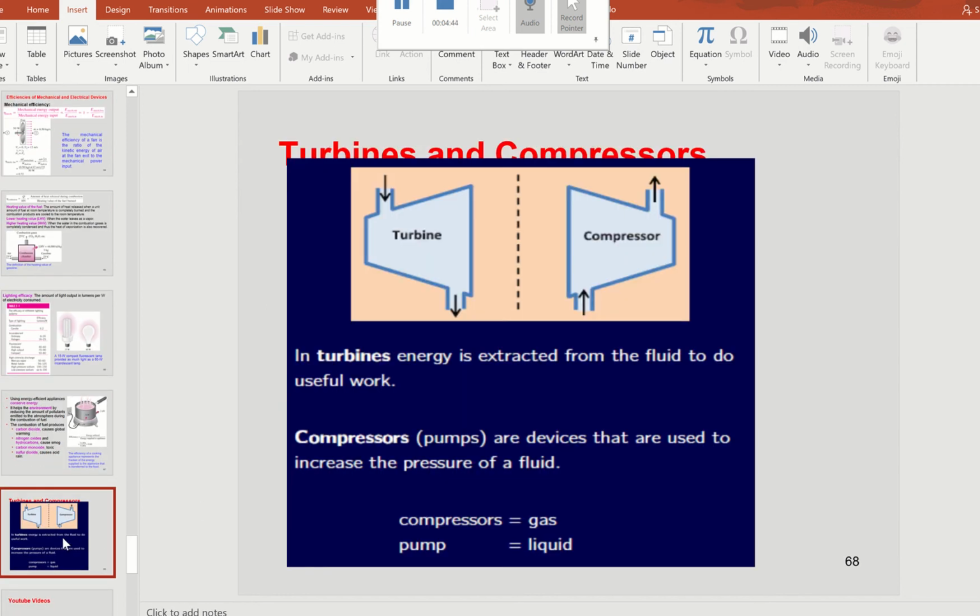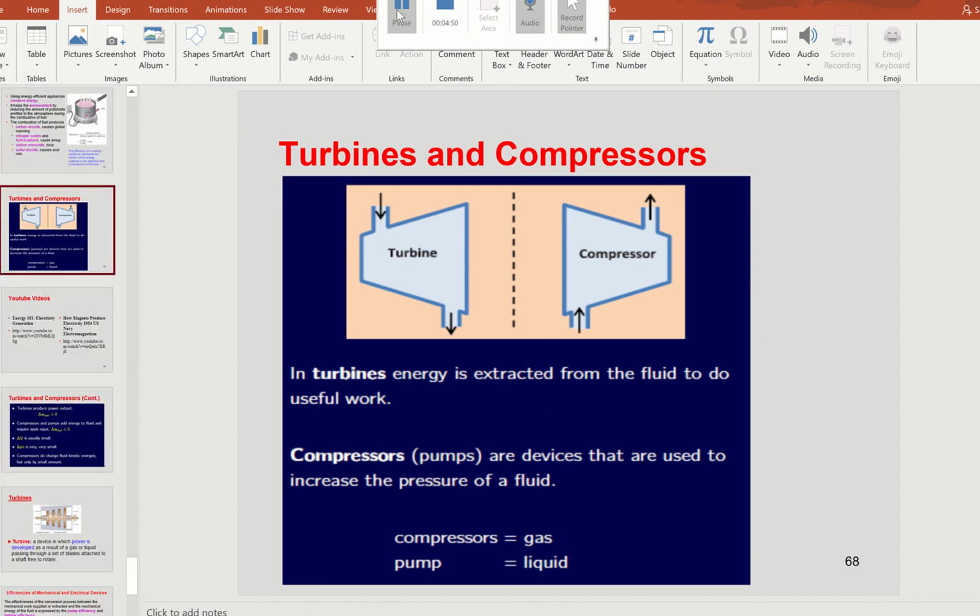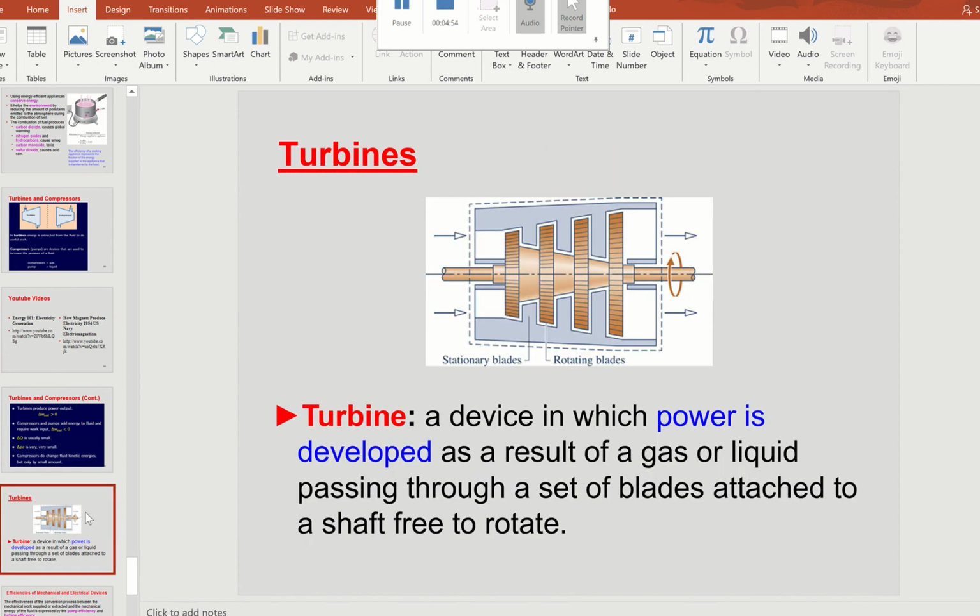Now let's look at some other examples. This one is turbines and compressors. In turbines, here's the example. A turbine is a device where, for example, you have superheated vapor coming out of a boiler, and it goes through this turbine, which has a lot of blades in there.